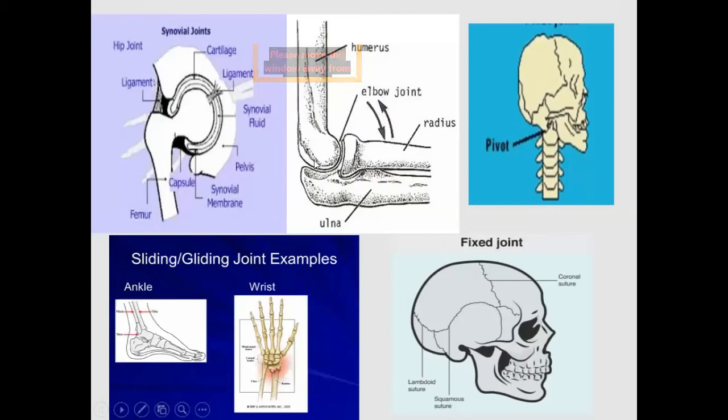This is the humerus and radius and ulna. Now this is a pivot joint present in the skull. Now the sliding or gliding joint. Why do they have sliding? It is movable. Sliding joints are present in the ankle and the wrist. So this is the ankle and this is the wrist. Here sliding joints are present.